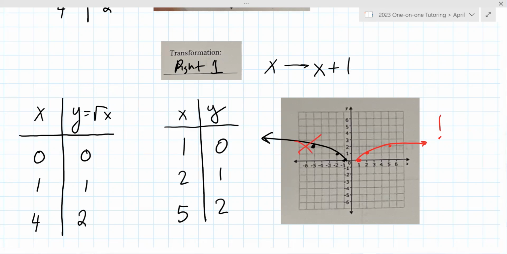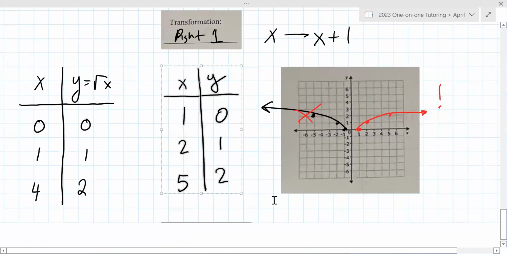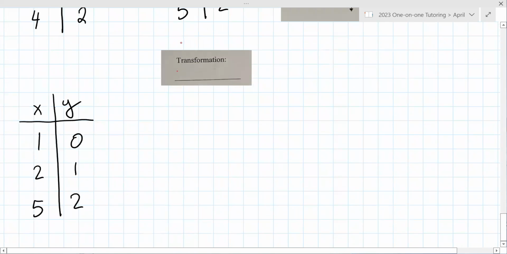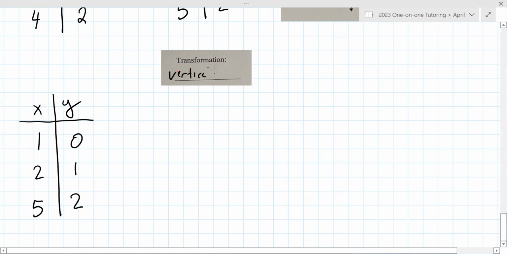All right, let's look at the next transformation. The next transformation is a vertical stretch by 2.